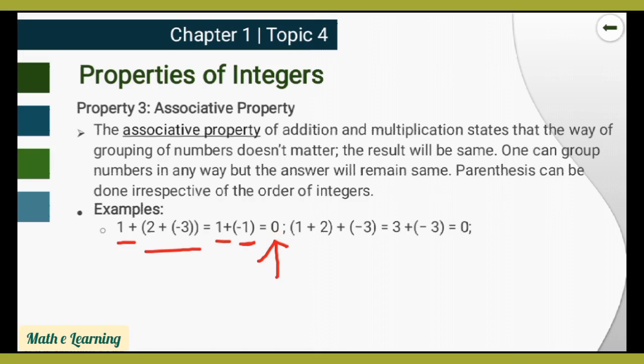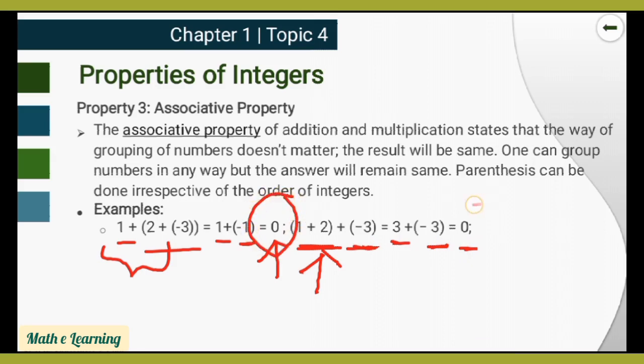Now we change the grouping of these numbers. We group this 1 and 2, and for that we write it into the brackets. And then we write plus minus 3. And we solve this bracket first, and 1 plus 2 is equal to 3 and minus 3 as it is. 3 plus minus 3 is equal to 0.